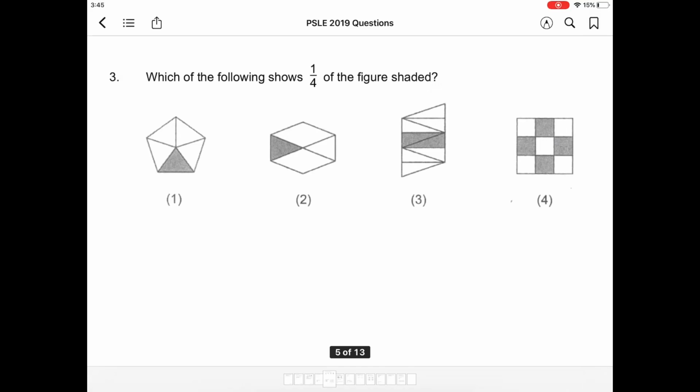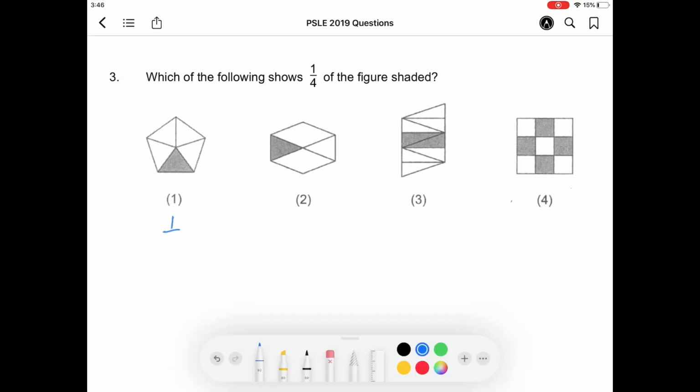Question 3. Which of the following shows 1/4 of the figure shaded? This is 1/5. Option 2 is not 1/4 because the triangles are not the same in size. This is more like 1/6. Option 3, 2/8 of the triangles are shaded, and the simplest form is 1/4.